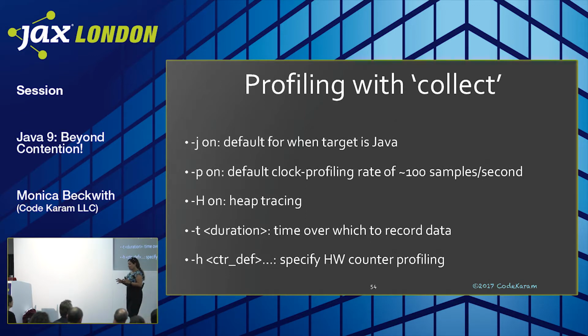You can profile based on those, and that's called hardware counter profiling. We're not going to go into that. It's a very useful tool for looking at your cache misses, memory bandwidth issues, or anything like that. But right now we're just going to dive into the default, which is clock-based profiling. Then you can specify how long you want to record it. You could also specify hardware counters, like I said. Okay, so that's there.